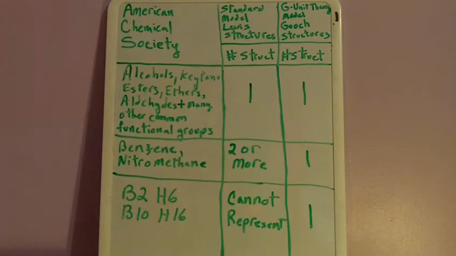The reason is because hydrogen has experimentally been found, by the Nobel Prize winning work of Dr. Lipscomb in the mid-1900s, to be bonding to two boron atoms at the same time, and Lewis structures only show hydrogen with one bonding site, and therefore technically they cannot represent these molecules.